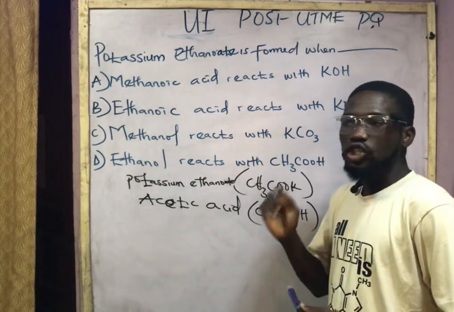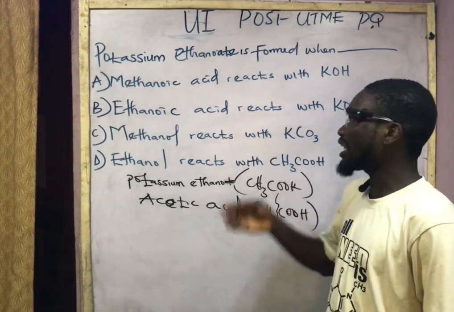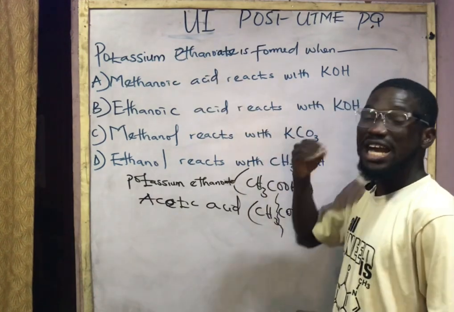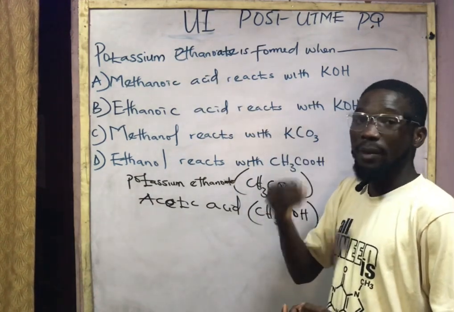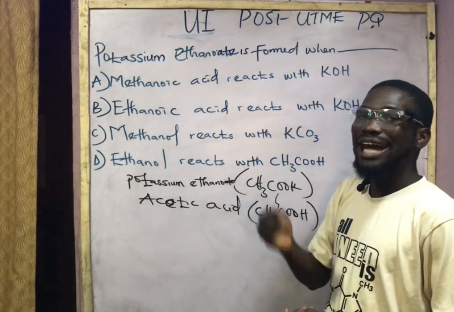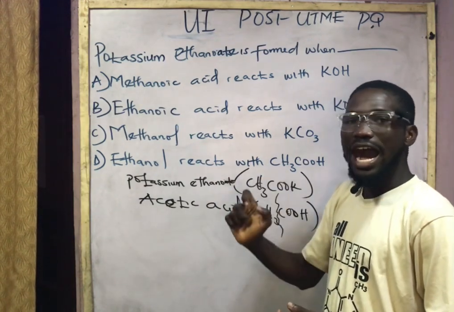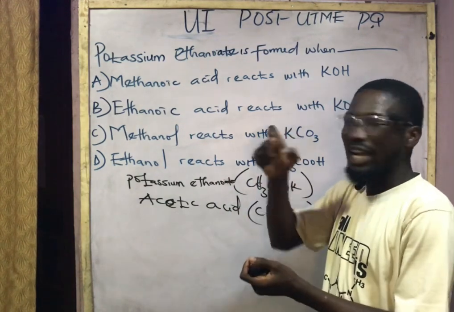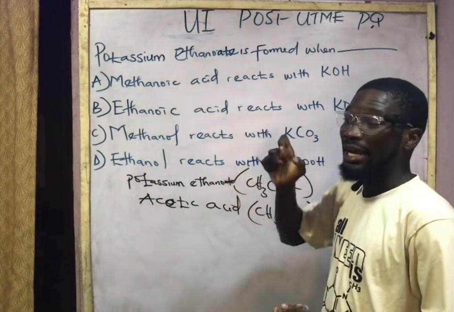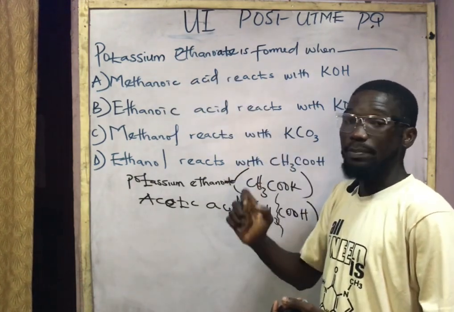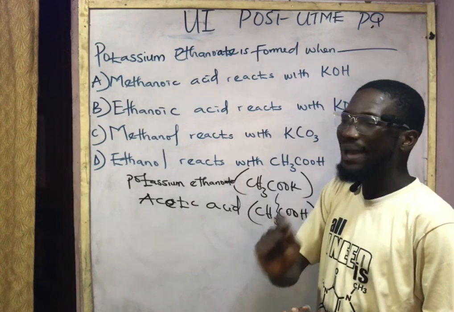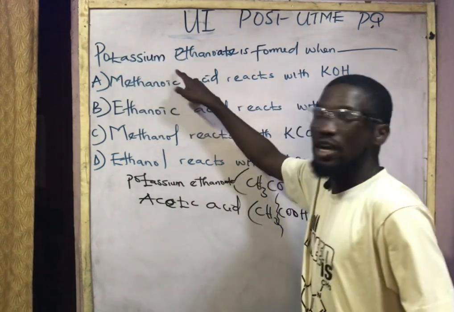Is that clear now? So don't forget, in case the question does not come in this dimension and they ask you that potassium ethanoate is a dash, note one thing: potassium ethanoate is a base. The ethanoate there can be classified as a base, but the base there comes with this potassium.